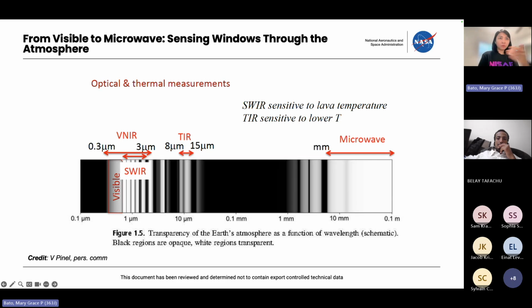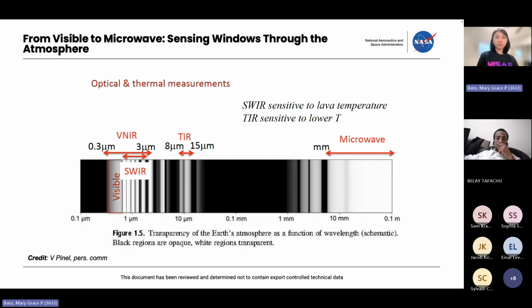So if we move towards the microwave signal here, longer wavelengths, where radar actually operates, we enter a region where the atmosphere becomes much more transparent. You can see that part. And microwave signals can penetrate clouds and even some vegetation, allowing us to observe the surface regardless of the time of day and weather condition.